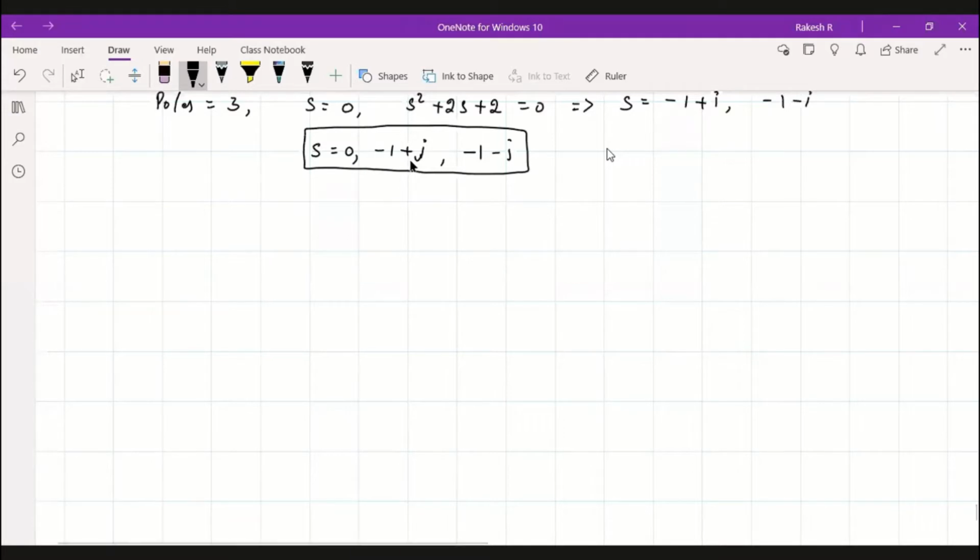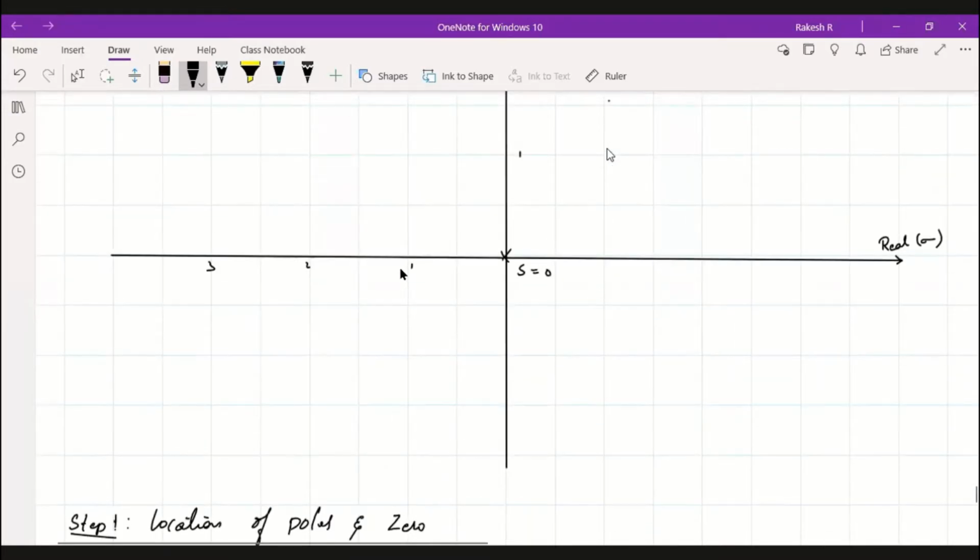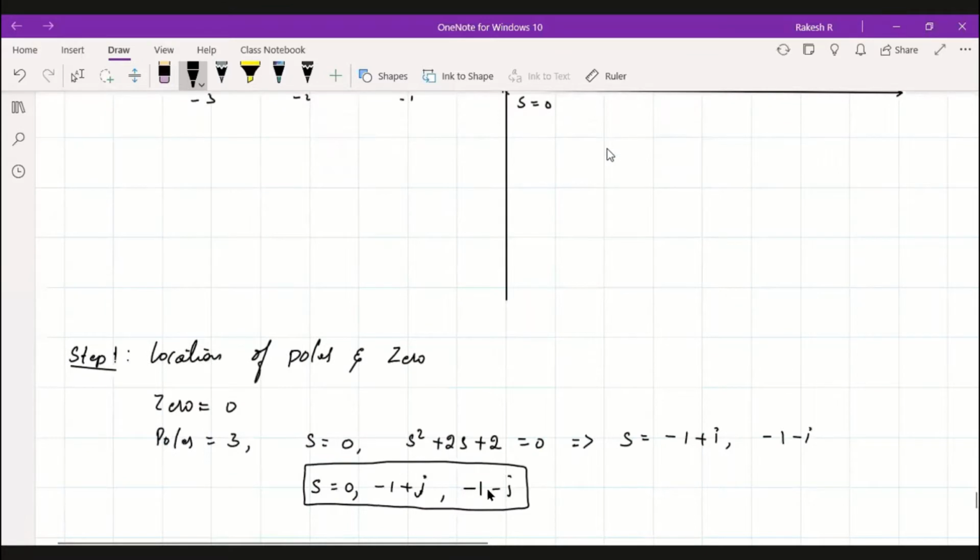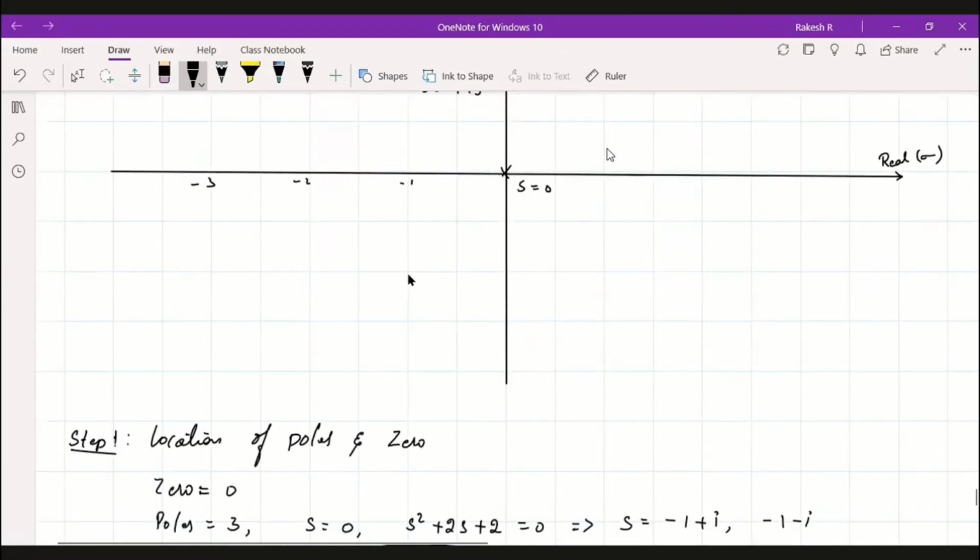The next one is s equals -1 plus j. This will be negative, so we have -1 plus j here. And then we have one more, s equals -1 minus j.